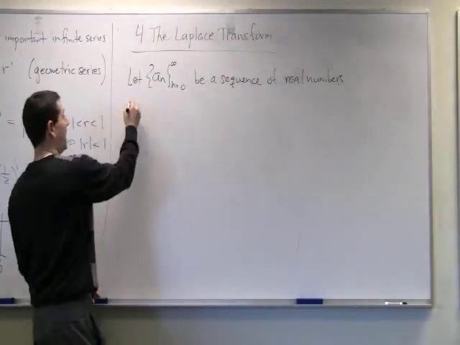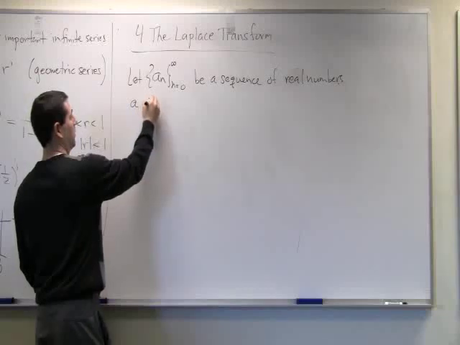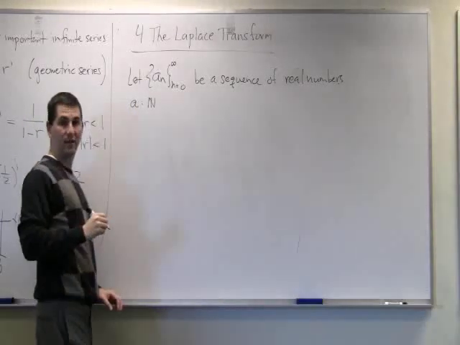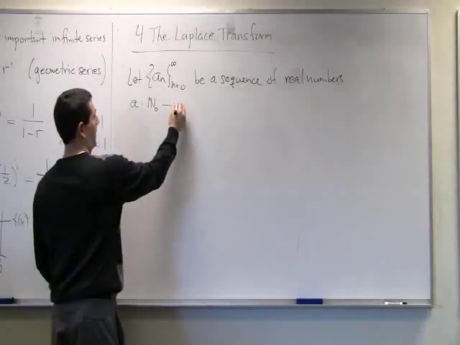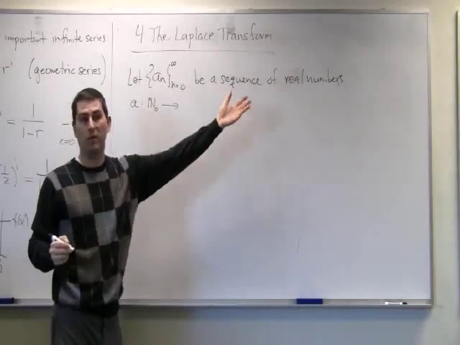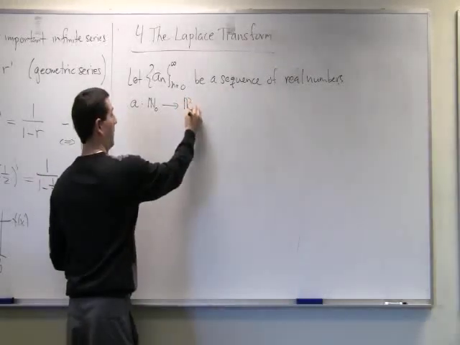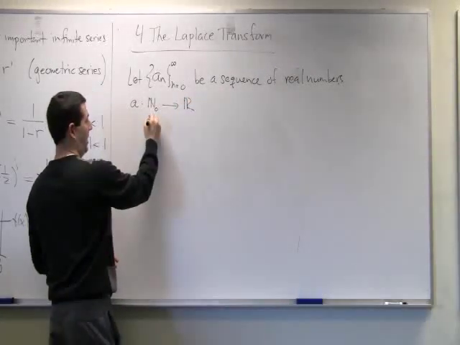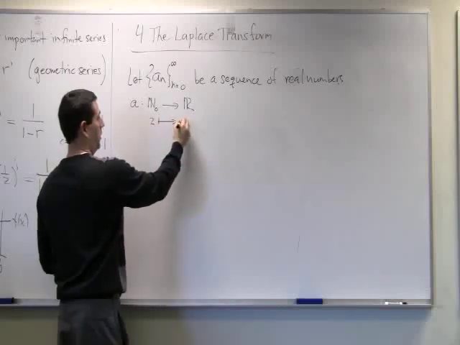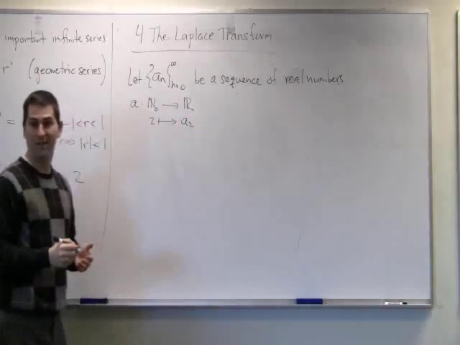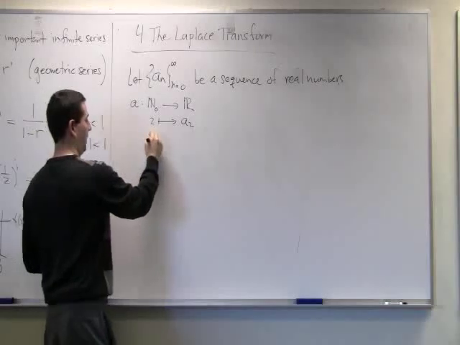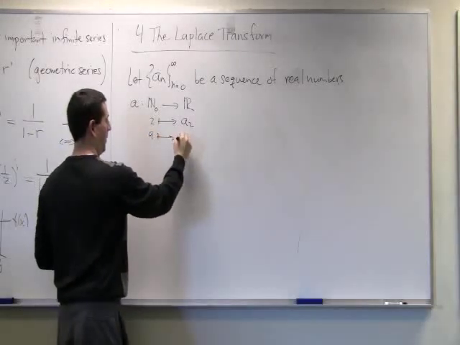A sequence eats natural numbers, or possibly 0. So you could think of A as a function which eats a natural number, or 0, and spits out a real number. It's a sequence of real numbers. If you had 2, it would go to A sub 2. If you had 9, it goes to A sub 9.